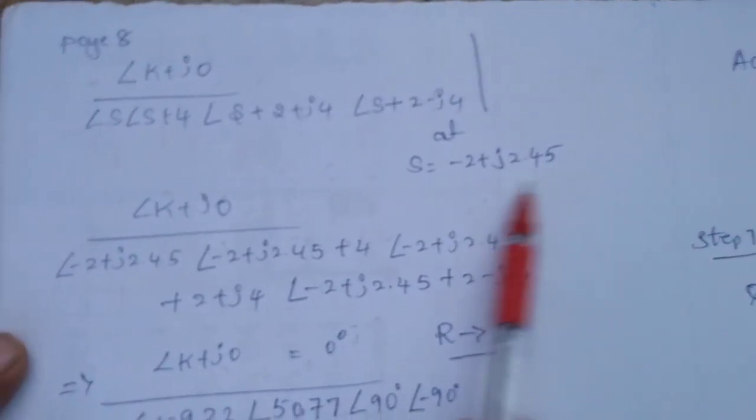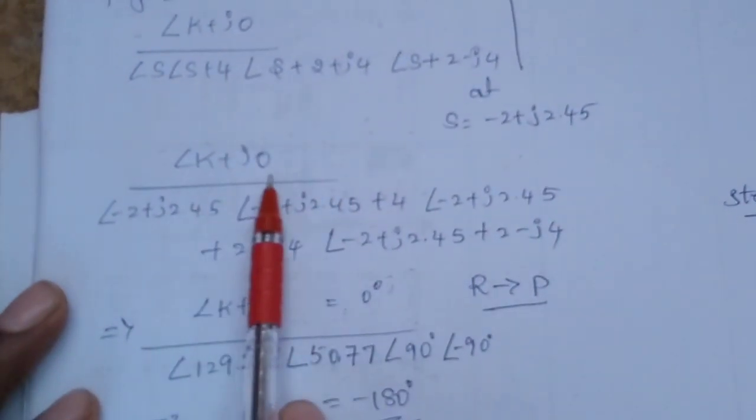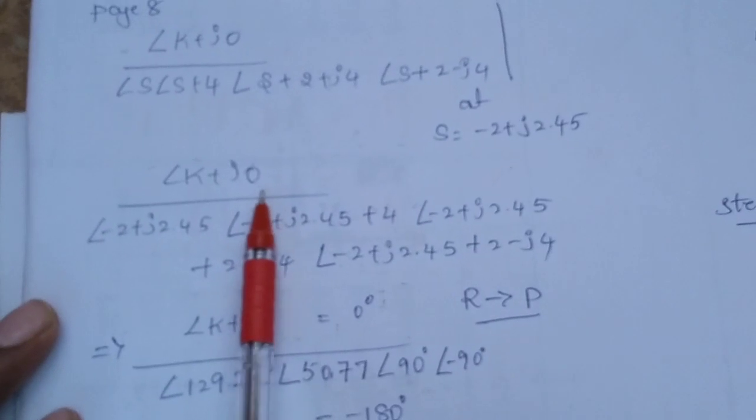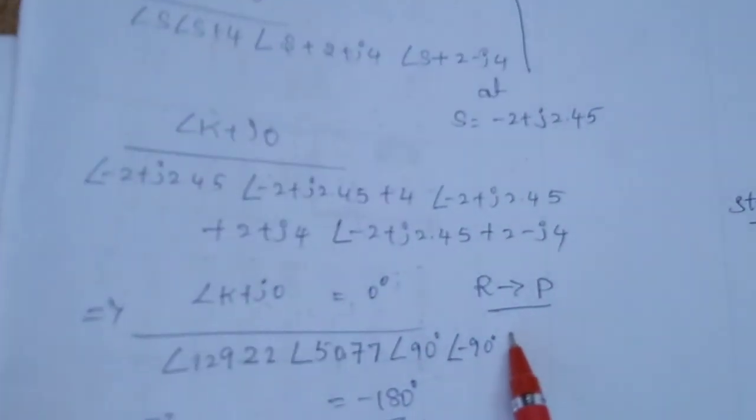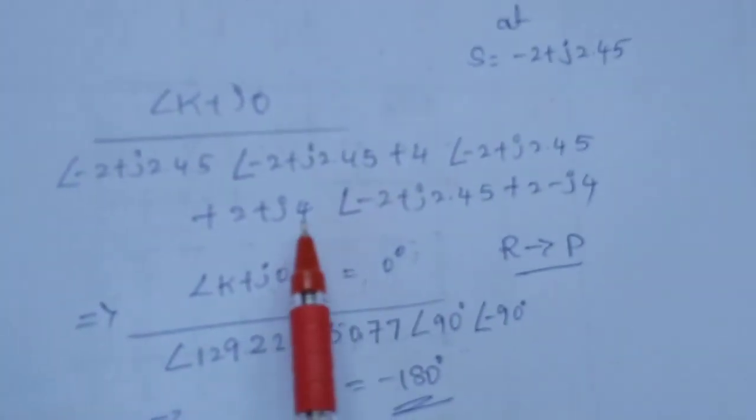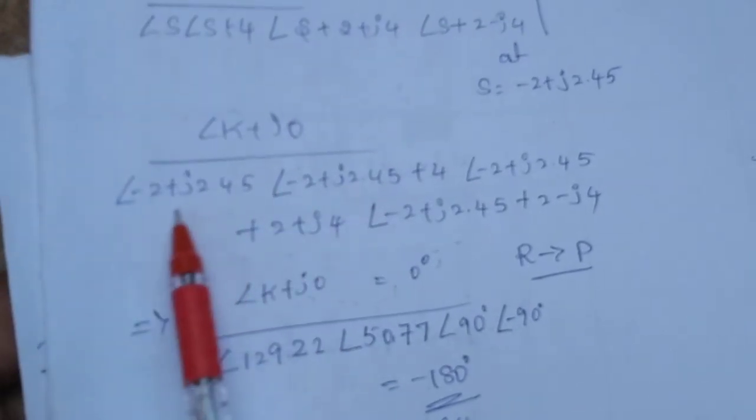So we will get this one. Then you have to solve by applying the angle condition. Angle of (K plus j0) divided by the angles of these terms, we get these values.